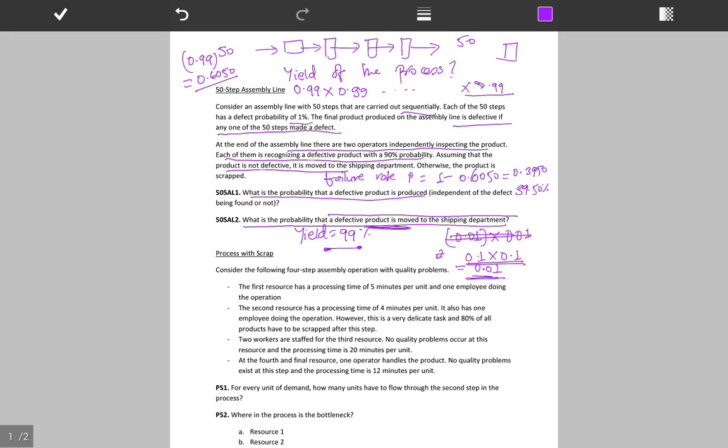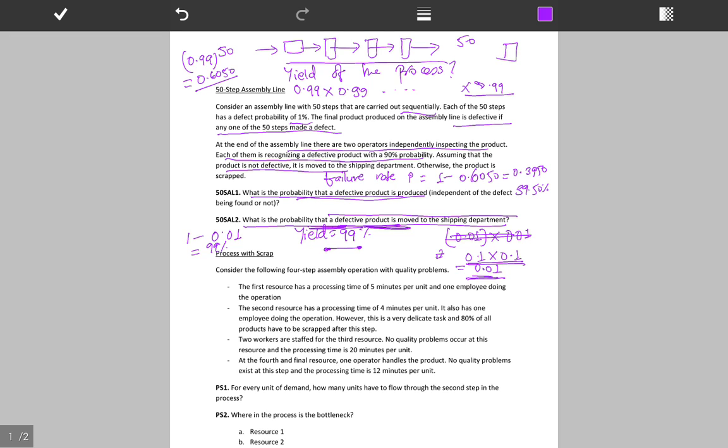And if the question had asked the yield of the process, then we would do 1 minus 0.01, and it would be 99%. I like to remember this no matter how the question is phrased. In this case, the defective rate. In this case, also the defective rate. No matter how the question is phrased, I like to think of it in terms of yield. To get the yield in the serial process where one mistake is a failure, you multiply the yields.